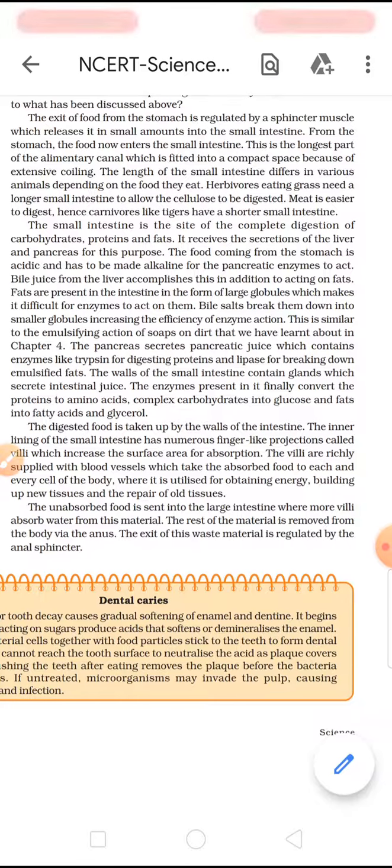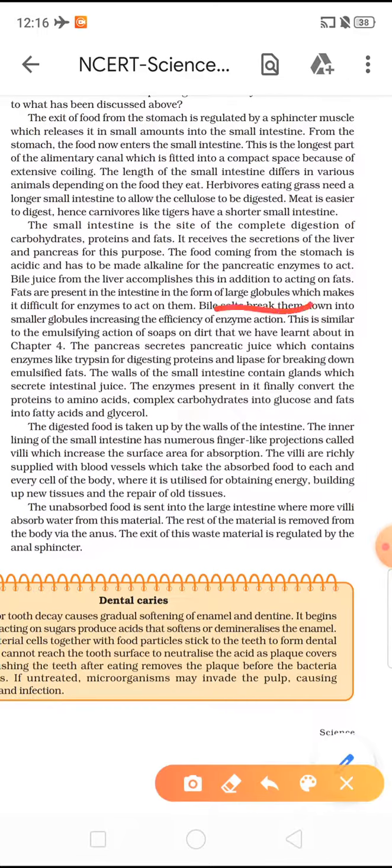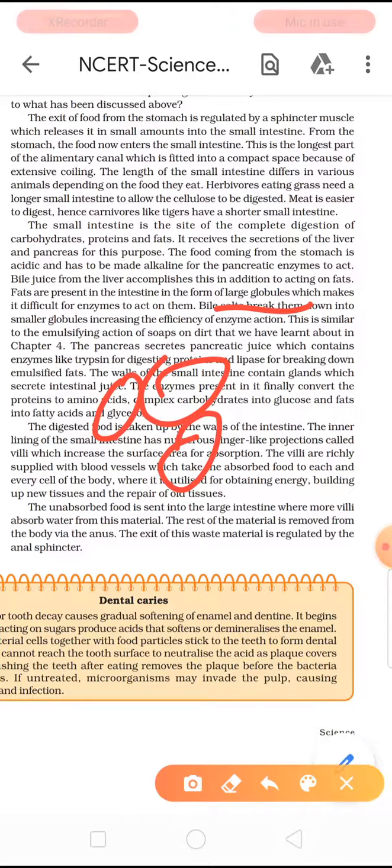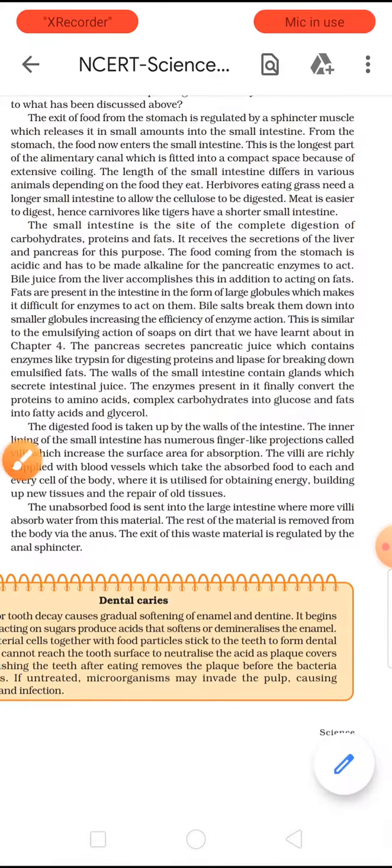So the fats are digested by bile juices. But these fats are large globules. Large globules means long clusters will be there, and we have to break them. And how is it being done?